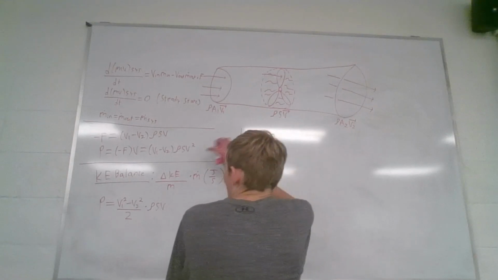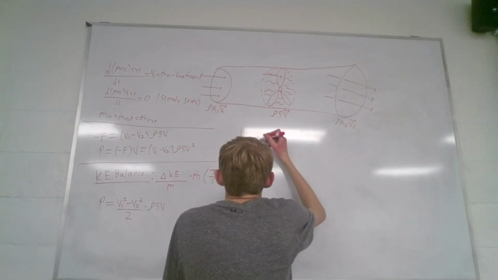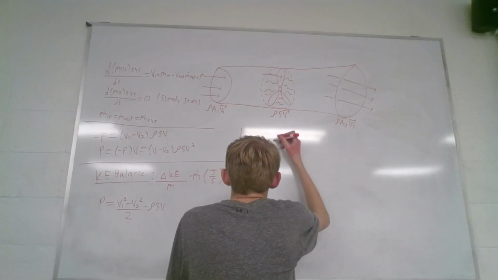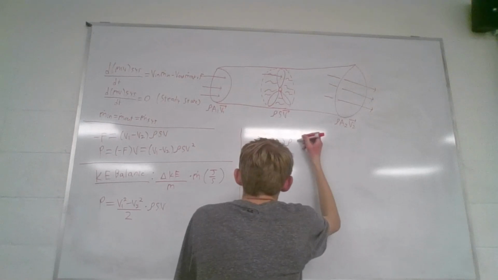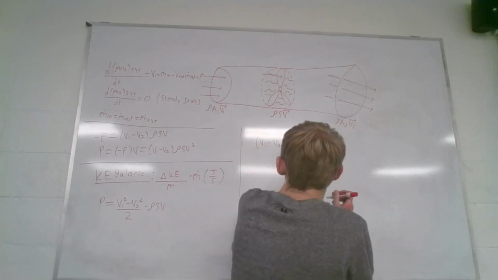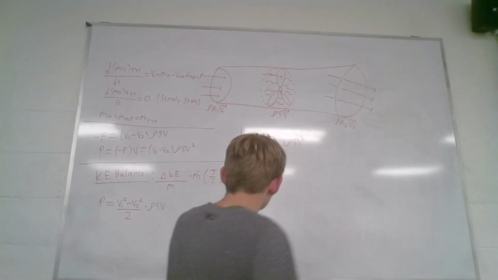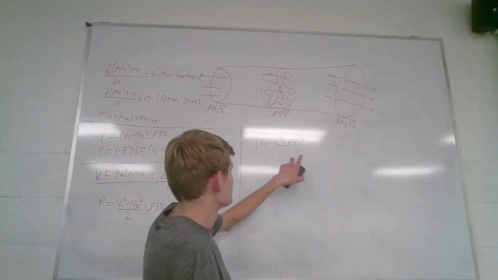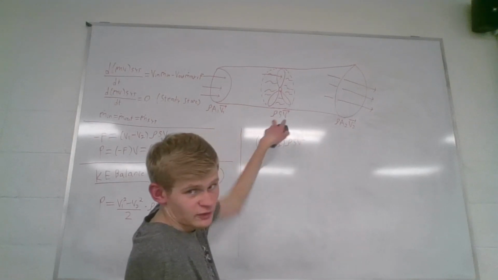We have this one here, which is velocity at 1 minus our velocity at 2 times our density times our surface area of the blades multiplied by our velocity at the blades.